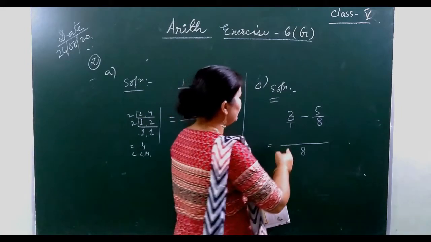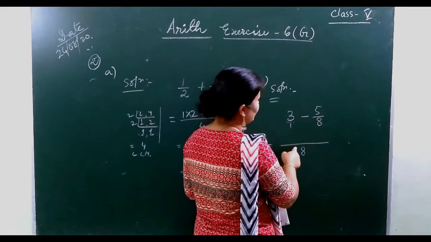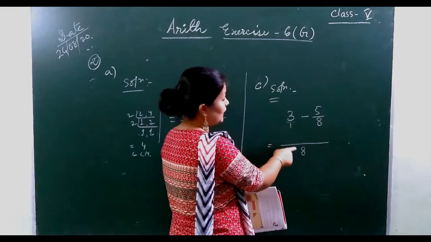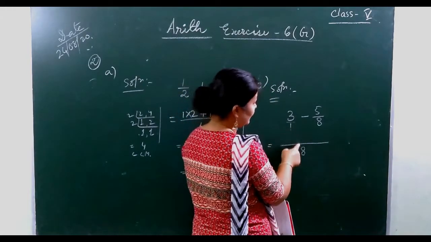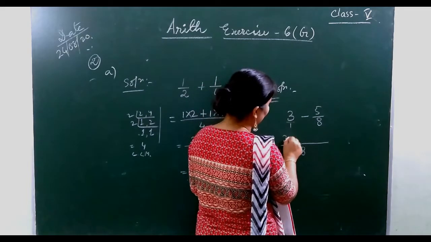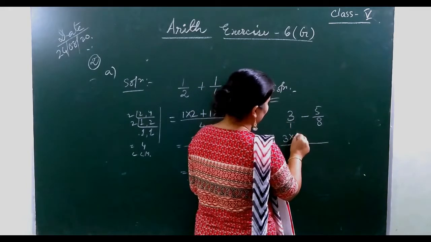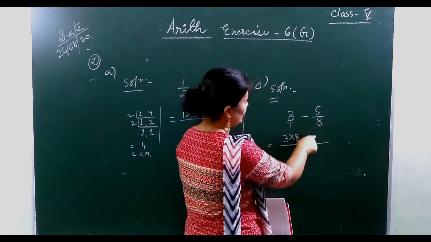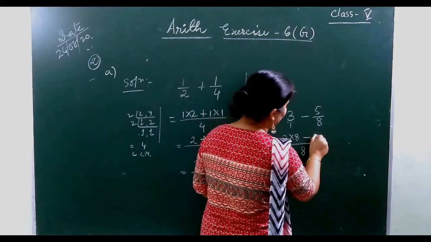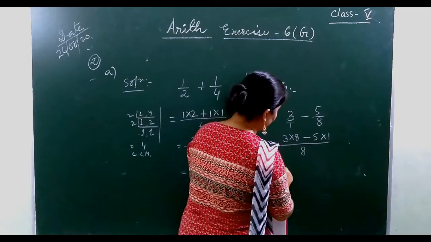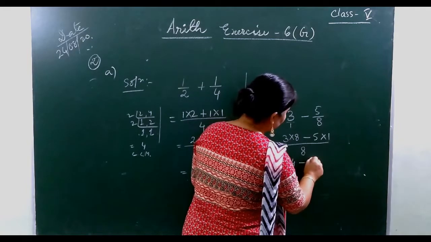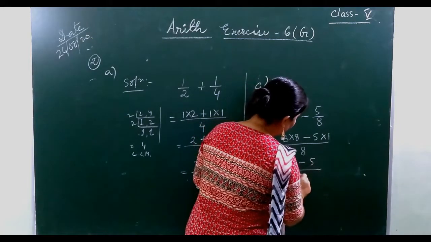Then with this 3, what to multiply? With this 1, what do we have to multiply to get 8? So 1 8 times 8, so that 8 we will multiply with the numerator 3, and since it is 8 here, 1 we have to multiply, so with the numerator we will multiply 1. So 8 3 times 24 minus 5 divided by 8.